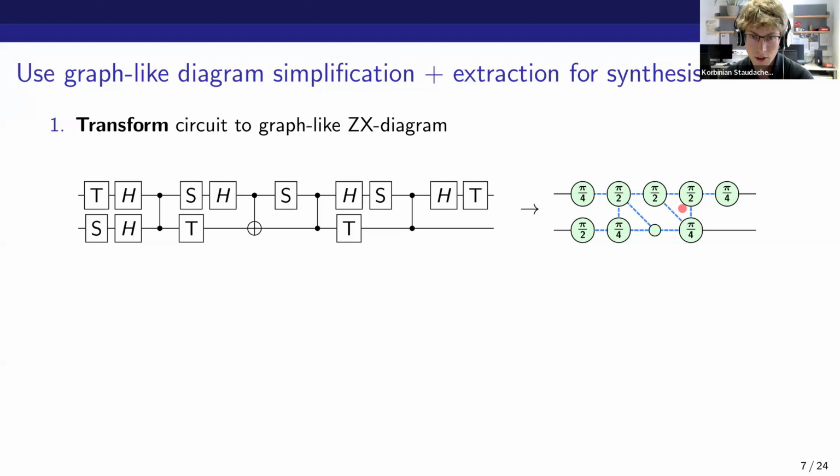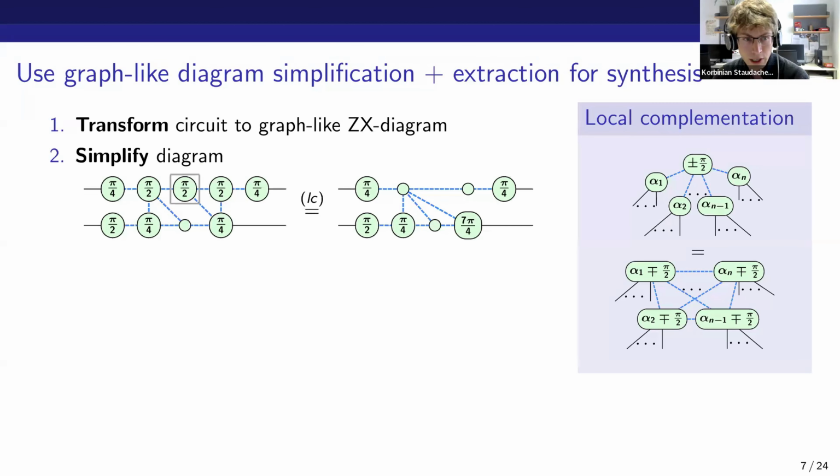between themselves. And now we can use these graph-like transformations to simplify the diagram and remove some vertices, for instance, with the local complementation, where we can remove an interior spider with phase pi/2 or minus pi/2 by just deleting it and flipping the edges of the neighbors.